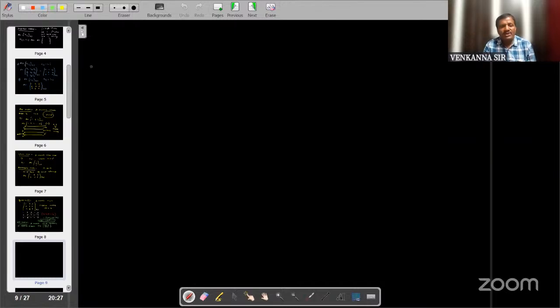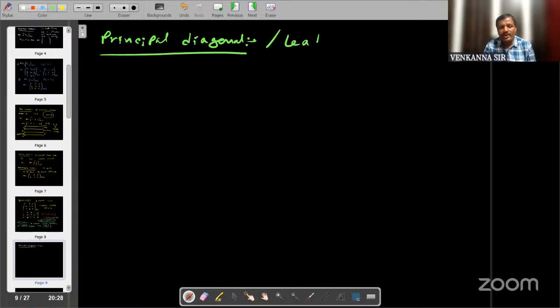Next one is a very, very important definition. Principal diagonal. Another name of the principal diagonal is the leading diagonal.